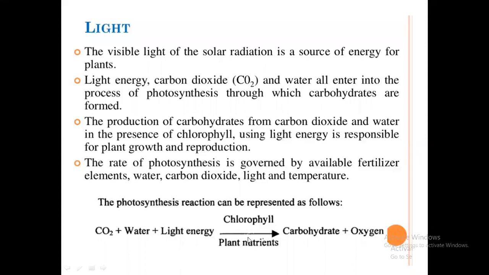It results in the formation of carbohydrates, which are stored in the plant, and oxygen, which is released through the transpiration system of the plant.